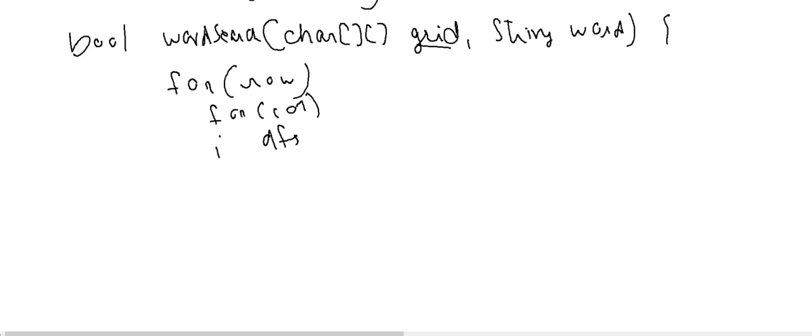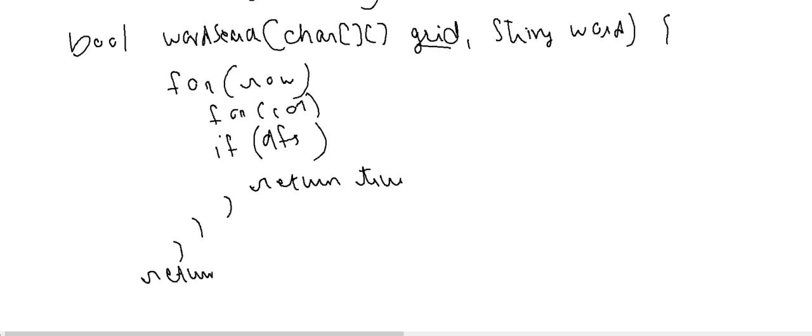So if this DFS returns the value of true, then you return true, because that means the word is present, closing all the for loops. And if we have iterated through all the cells of the grid and it hasn't returned true, that means the word is not present, and we're gonna return false.